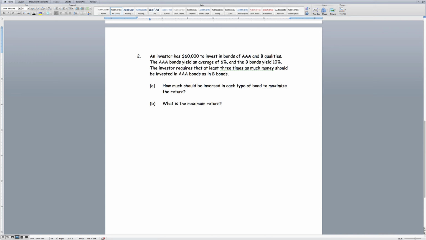So I'm going to let x equal the amount in AAA, and I'm going to let y equal the amount in B. And my maximum return is going to be 0.06 times x plus 0.10 times y.